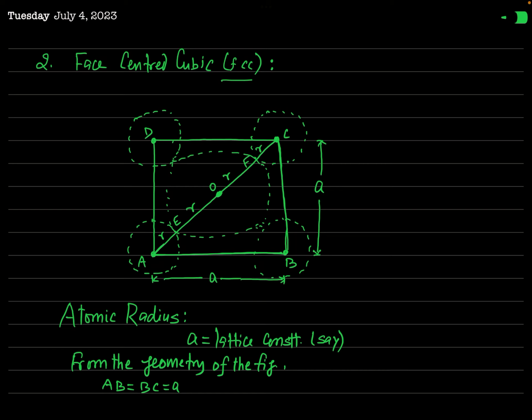This AE represents the radius R of the atom at the corner A. Similarly, CF also represents the radius R of the atom at the corner C. And EO and OF represent the radius of the atom at the center of this face.